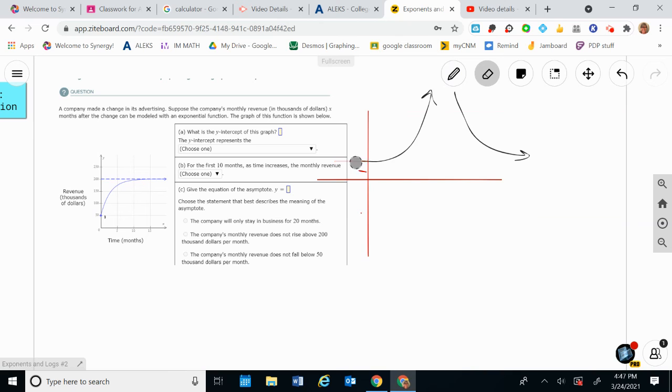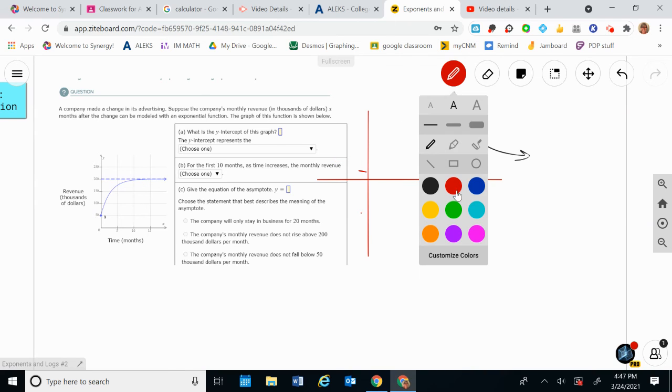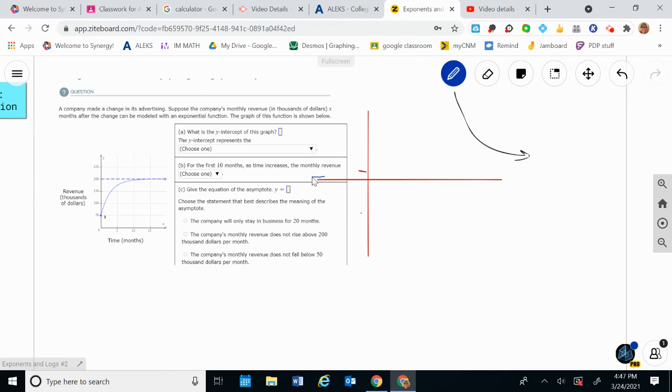Let me go ahead and erase this. If this is the exponential function, it goes right here. The log function is the inverse, so it comes up here, and then it goes like this. You can imagine that it's kind of being reflected over the y equals x line. This is a log equation.